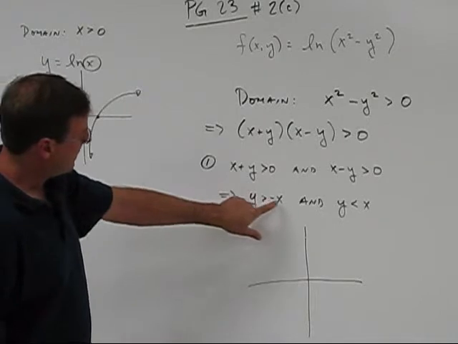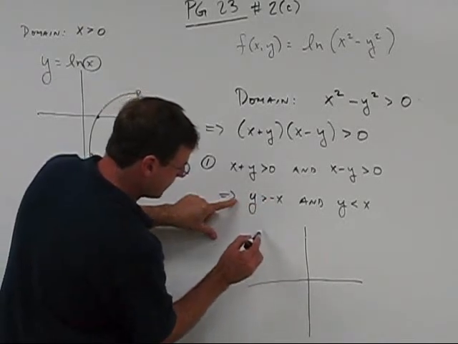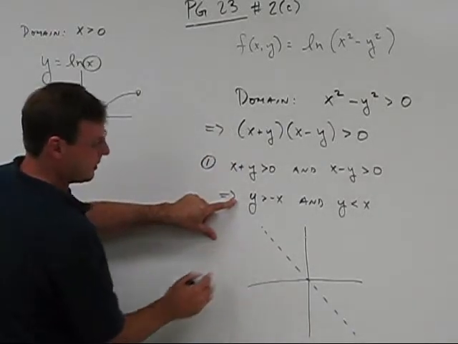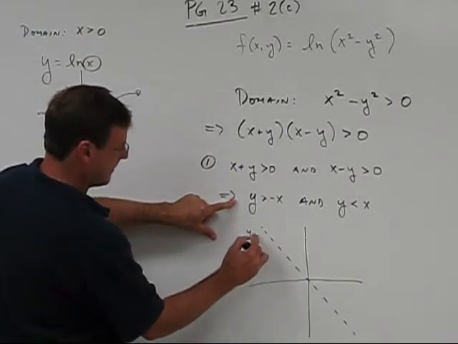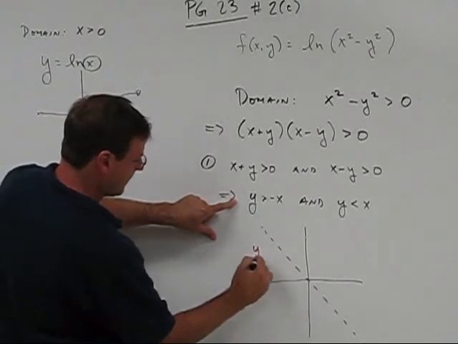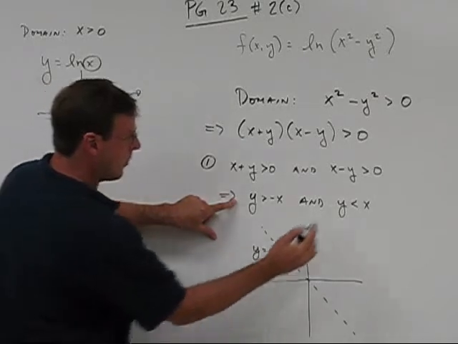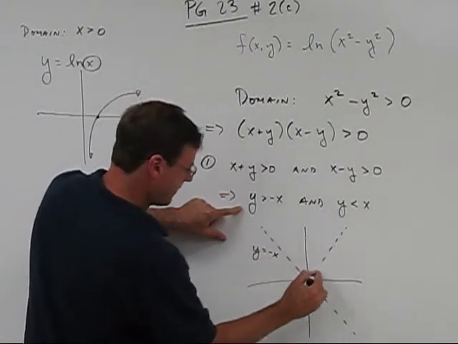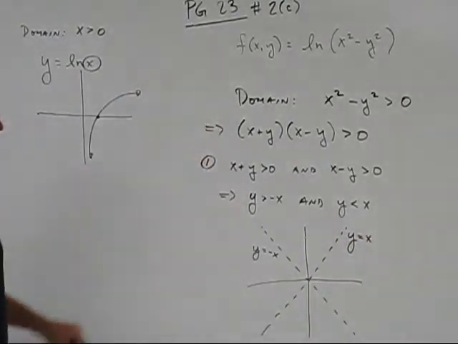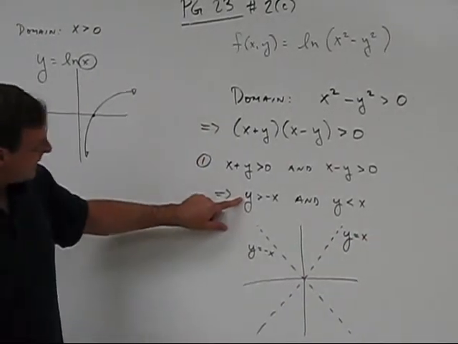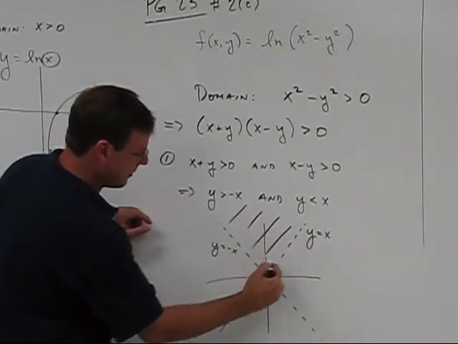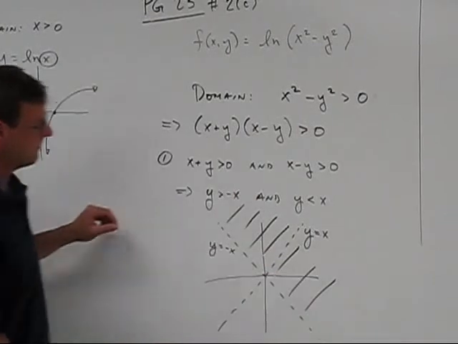So y greater than negative x, here's negative x. That's y equals negative x. Maybe I'll make it larger. And y equals x is over here. Those are those lines. So for y to be greater than negative x, that is the stuff above negative x.